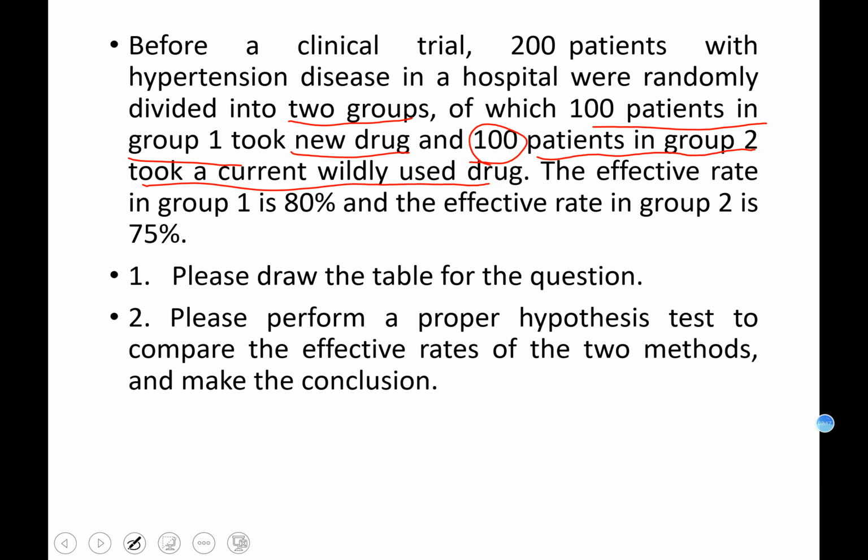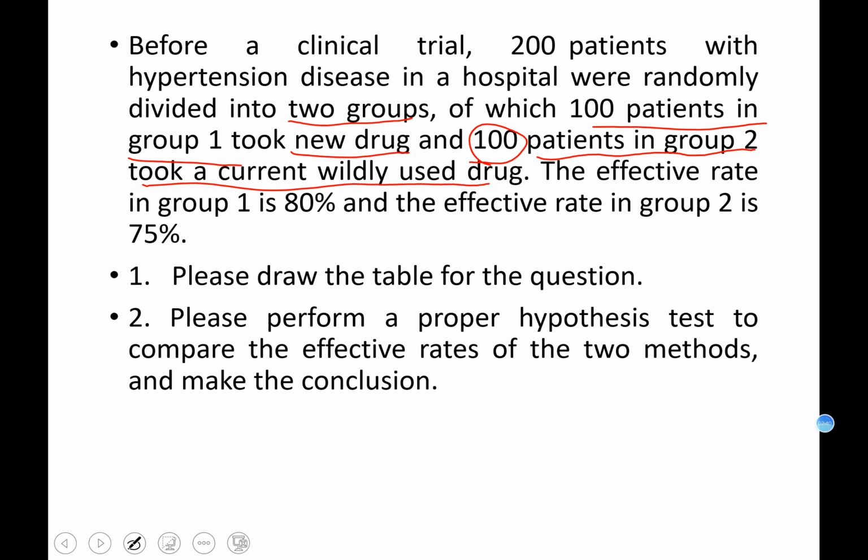So they use different drugs. The first one is new, the second one is old. And the total number of patients in each group is 100. So here we can find that the types of drug can be used as the grouping variable in this question.